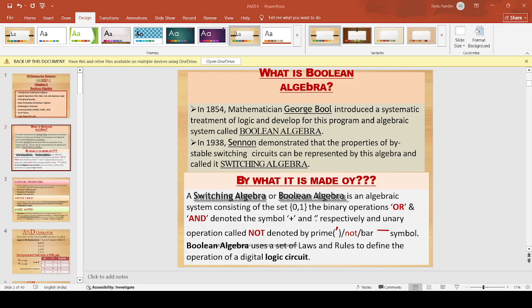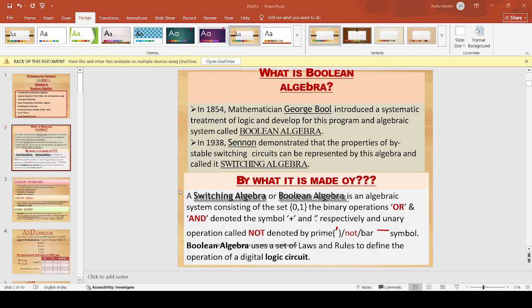What is the principle of duality? The principle of duality says that in a given expression or relation, change every sign. Suppose the sign is plus, change it to the AND sign, and the AND sign to the OR sign. Replace each 0 by 1 and each 1 by 0.